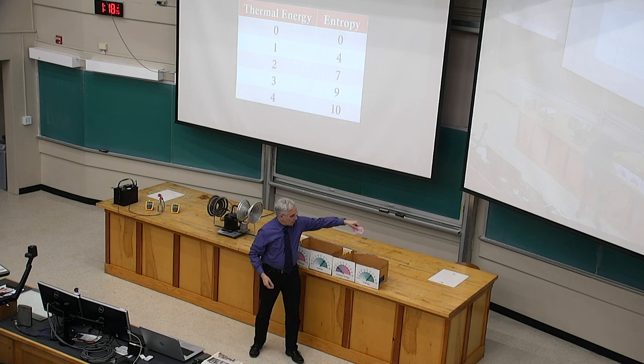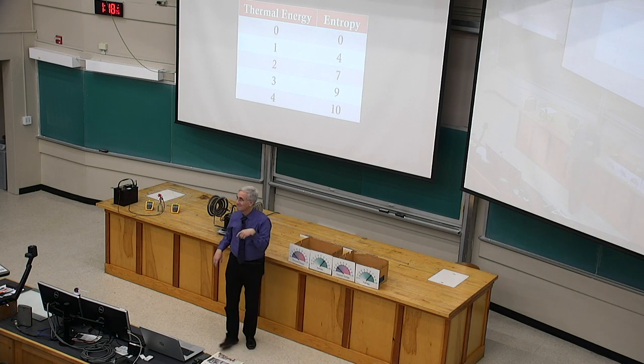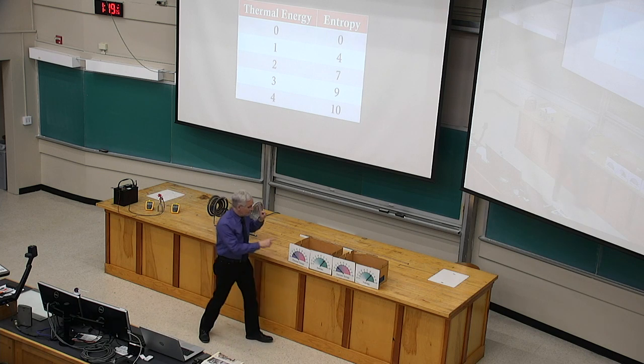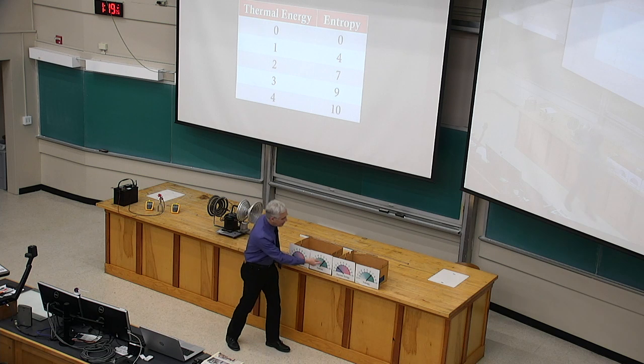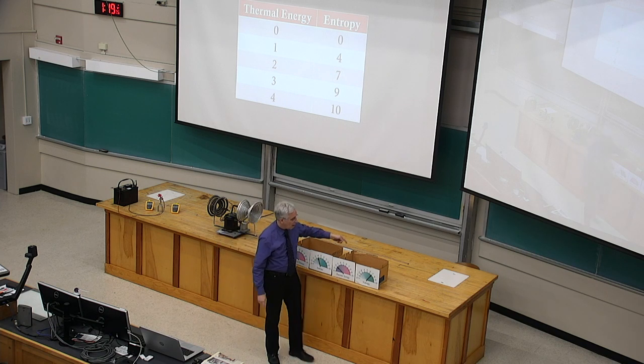And I'm going to drop all 3 of them into the right box. Is it okay? So the left box went down by 1 unit of thermal energy, and that by itself drops the entropy of the left box by 3 units according to the table. But I dropped off. Is this going to work?